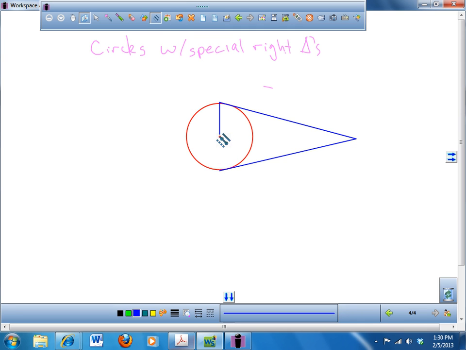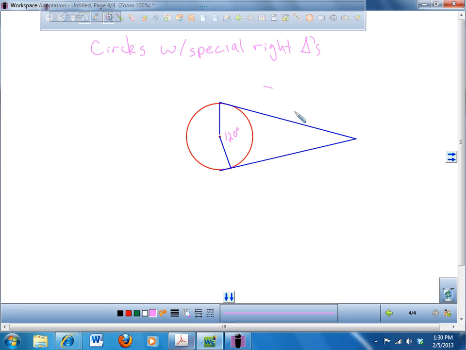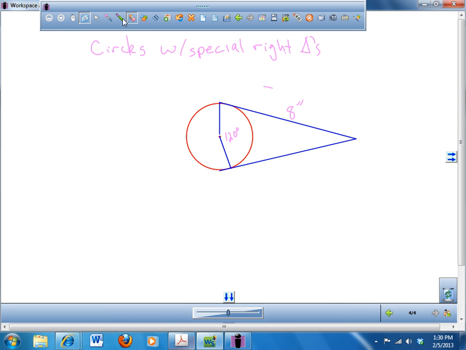These are both tangents, guys. They tell you this angle is 120 degrees, and that this is 8 inches or something like that. Then they'll say, find the shaded area.